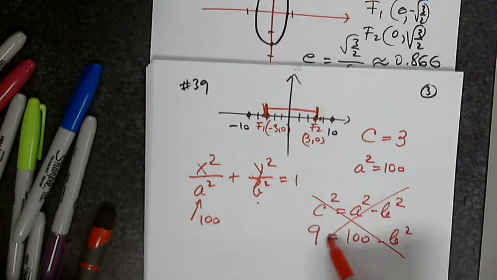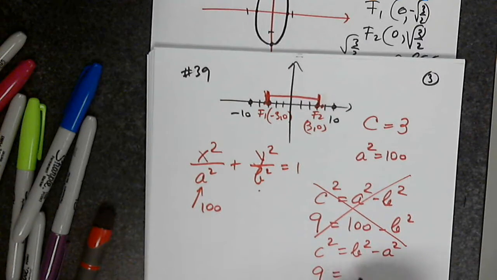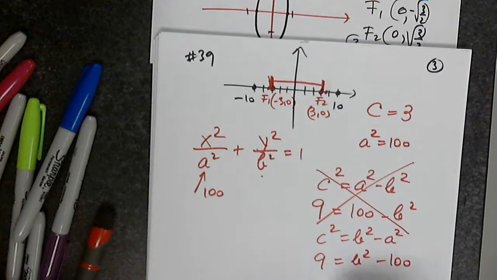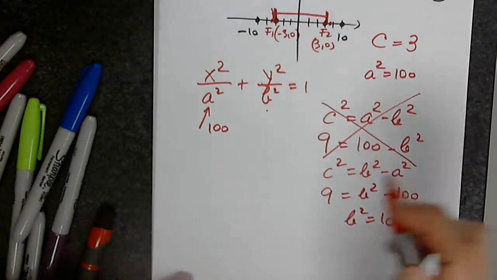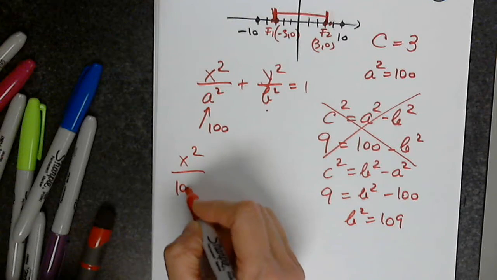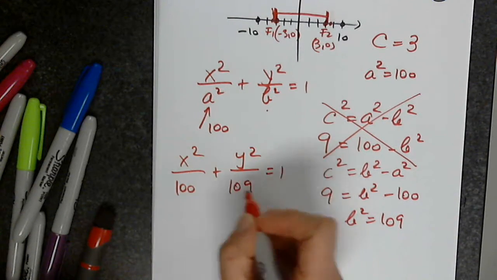So I will say c squared equals b squared minus a squared. So then this is 9 equals b squared minus 100. So then b squared equals 109. And that's it. So the equation is x squared over 100 plus y squared over 109 equals 1.